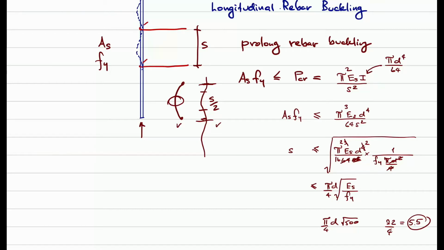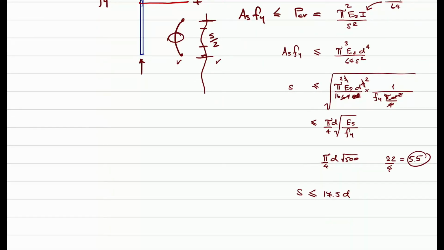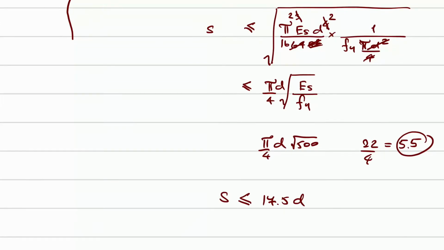Or 64 a square As Fy As, okay, came in pi d square over 4. Okay, Fy is there. Es d square d pi over 4, pi over 4. Yeah, it's not that far away.